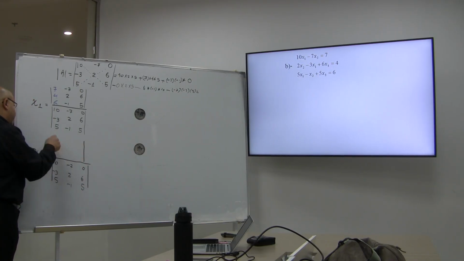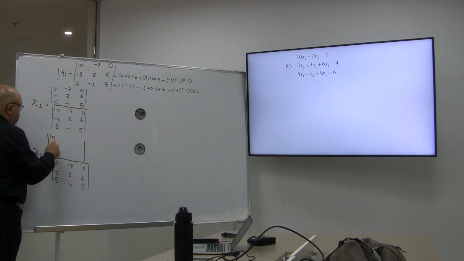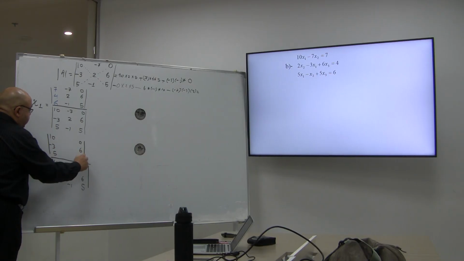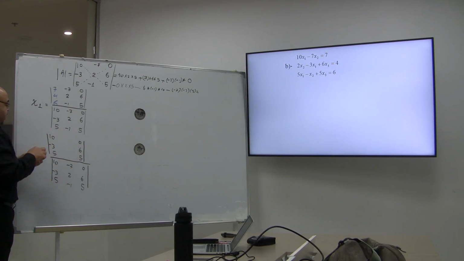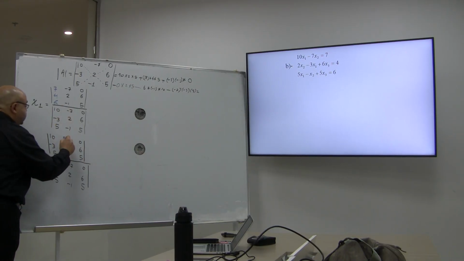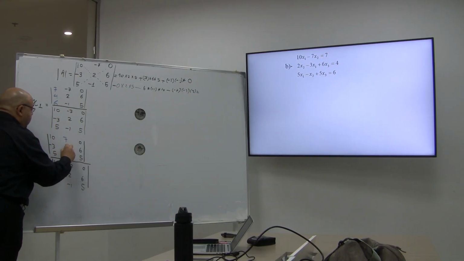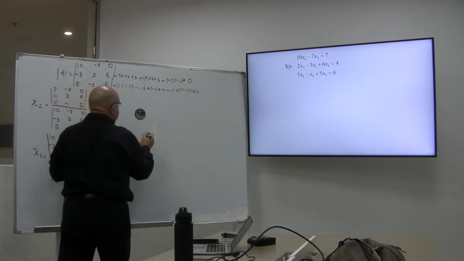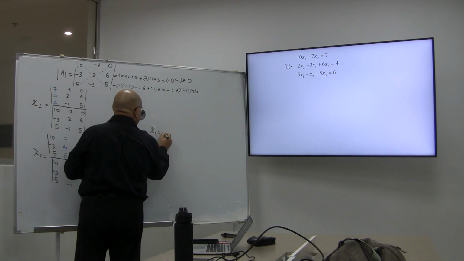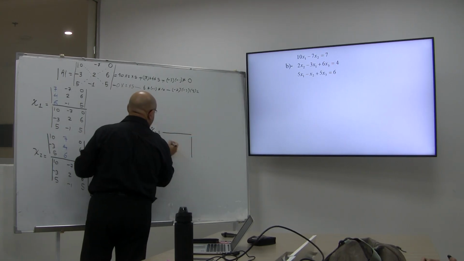But for the determinant in the numerator, it's going to be 10, negative 3, 5, 0, 6, 5, and I will change the second column by the result column, which is 7, 4, and 6.